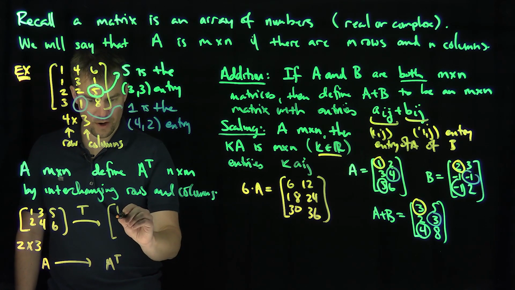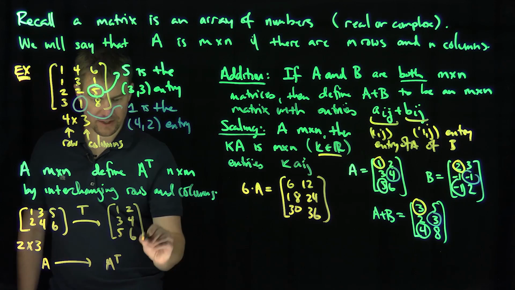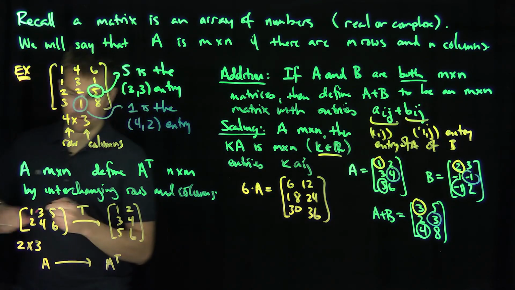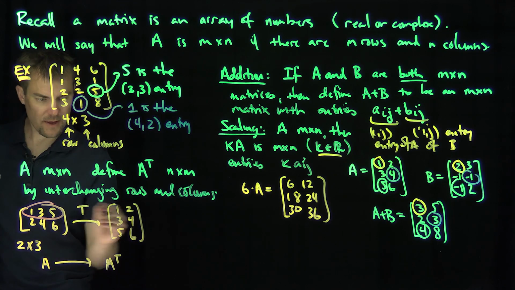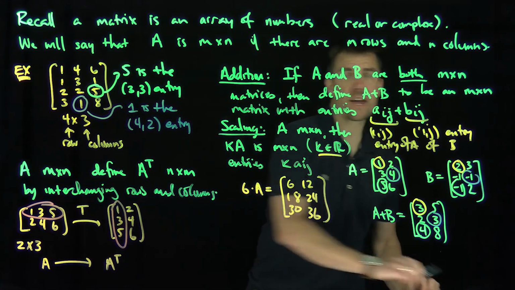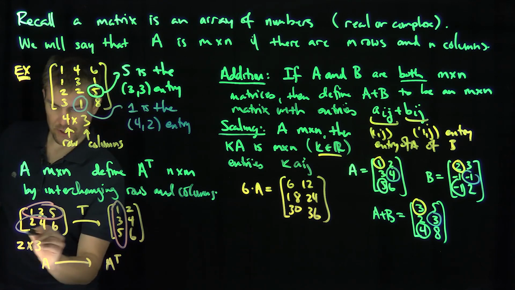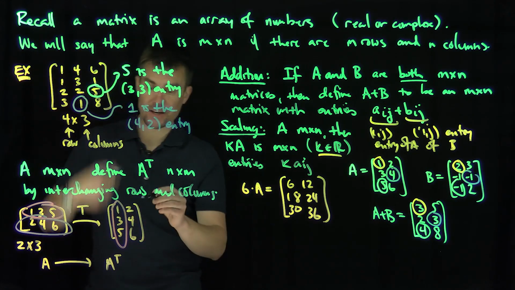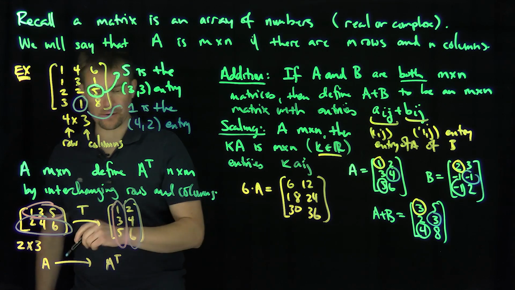So it's going to be a 1, 3, 5, and then a 2, 4, 6. And we can notice that all I've done here is I've simply taken the first row of my matrix A and I've turned it into the first column of the matrix A transpose. And I've taken the second row of A and I've flipped it by 90 degrees into the second column of this matrix.